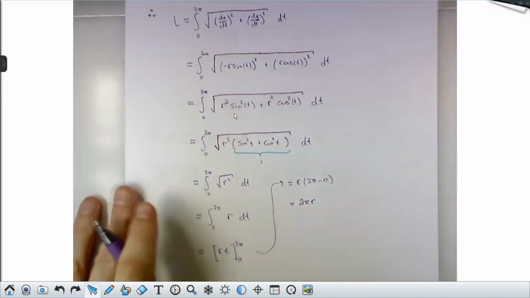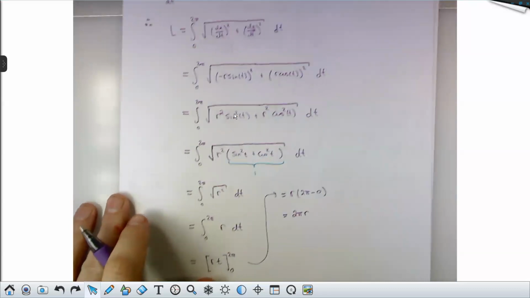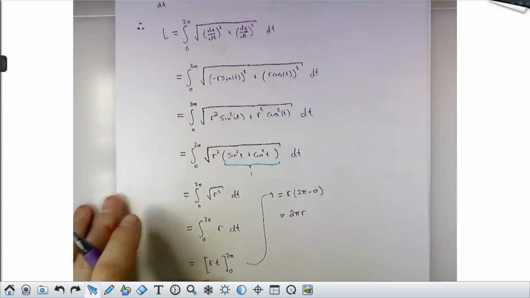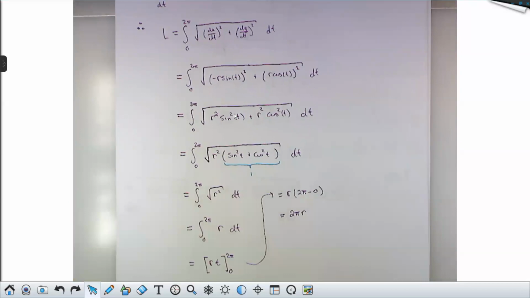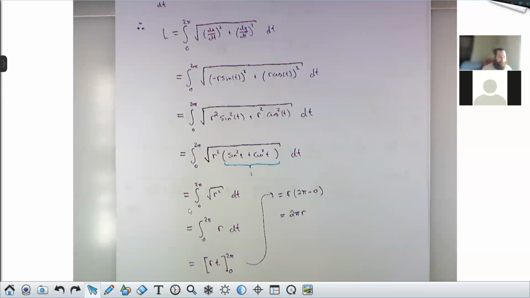And this should not come as a surprise. Why should this not come as a surprise? What is the parametric curve I'm working with here?